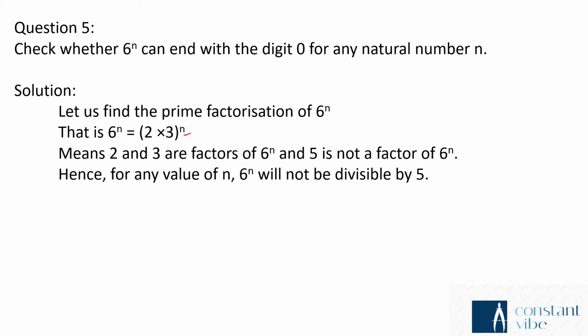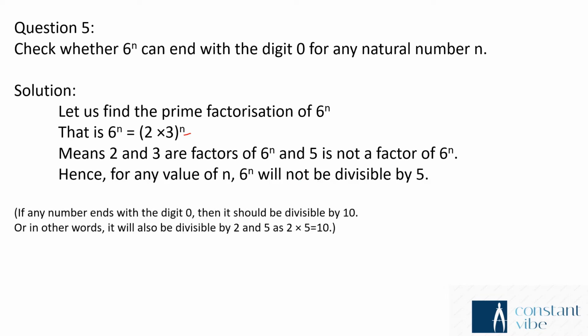So here 2 and 3 is equal to 6 and n is the power. And 5 is not a factor of this one. For any value of n, 6 to the power n will not be divisible by 5. For clarification, if any number ends with the digit 0, then it should be divisible by 10, or in other words we can say it will also be divisible by 2 and 5.